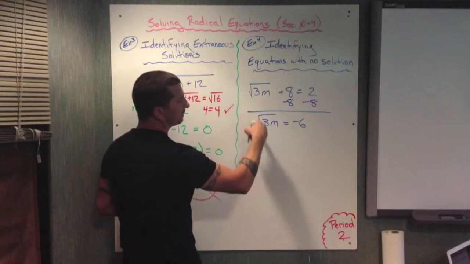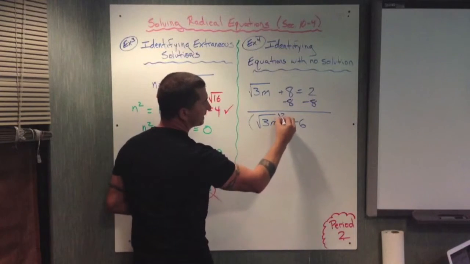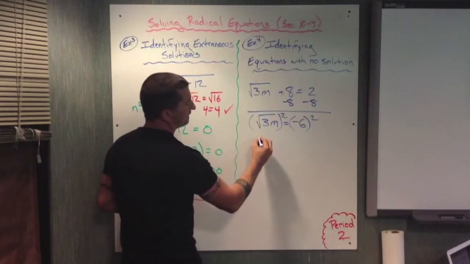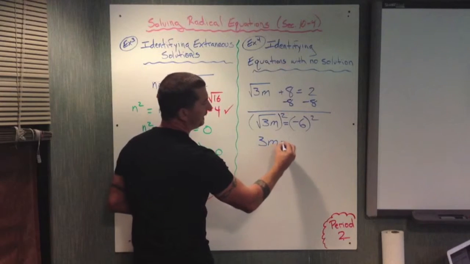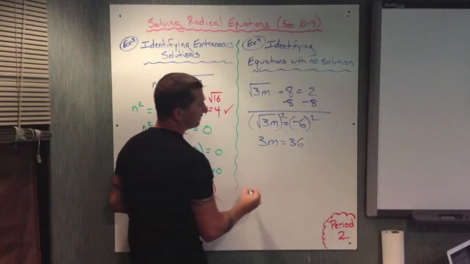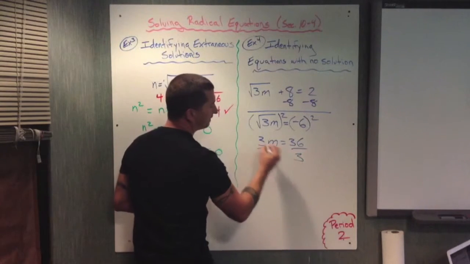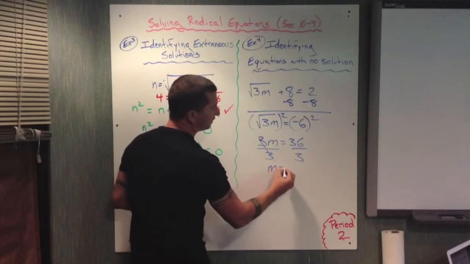Now to get rid of the square root symbol, we need to square this side, which means we'll also square the other side. So we get 3m equals 36. Divide by our coefficient, and we get m equals 12.